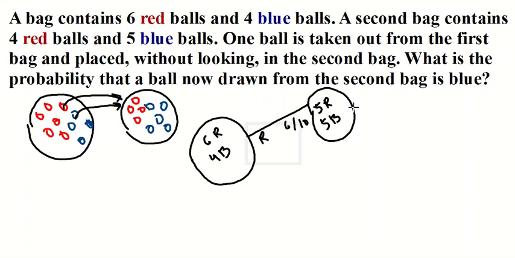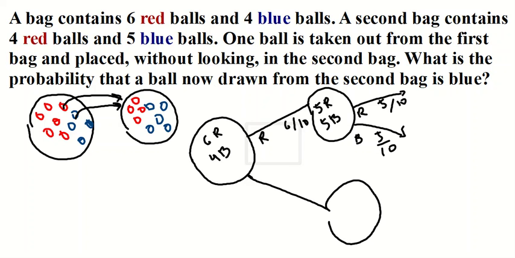Now to select a red ball from the second bag, we will have a probability of 5 by 10, and selecting a blue ball from the second bag, we have a probability of 5 by 10 as well. Now if we were to select a blue ball from our first bag, we had a probability of 4 by 10.